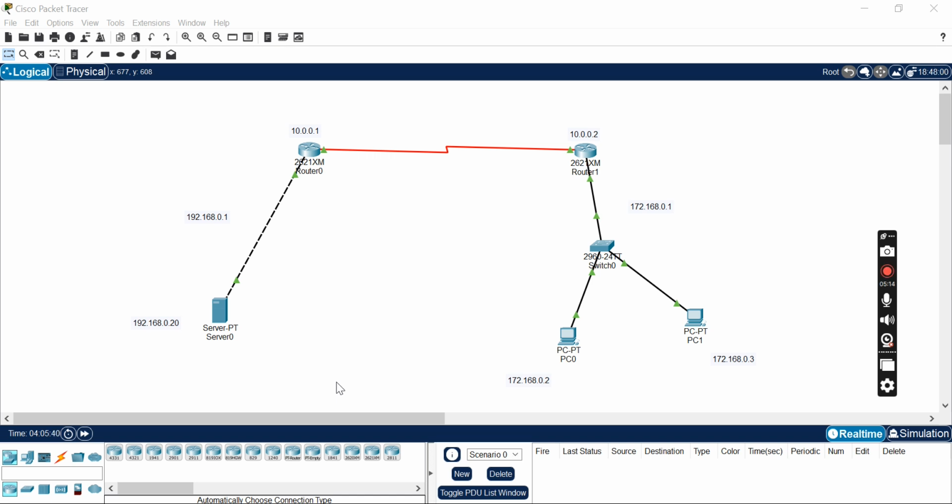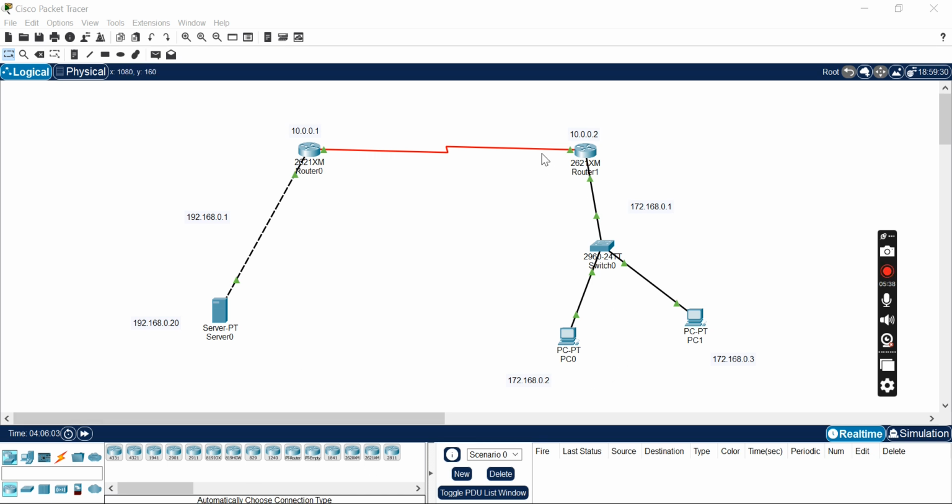Today I'm going to show how we can configure it not the older way, but with a named ACL, a named standard ACL. So today's topic is based on named ACL.